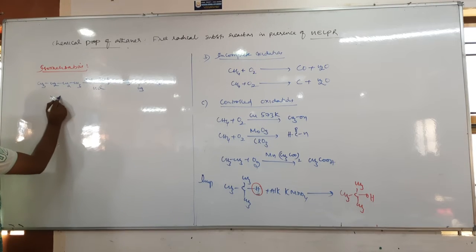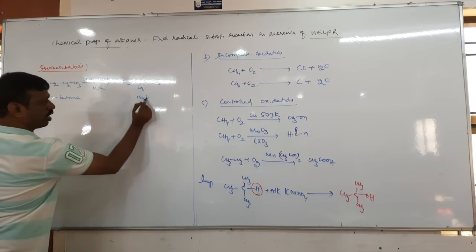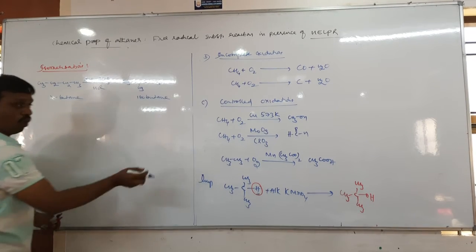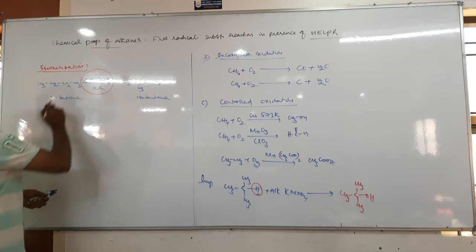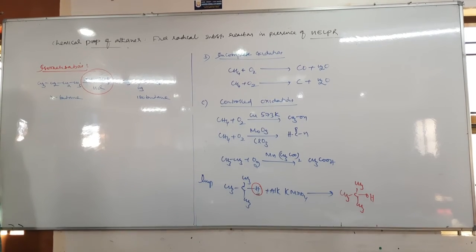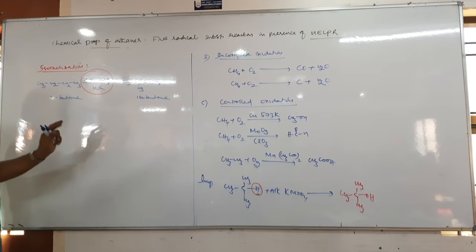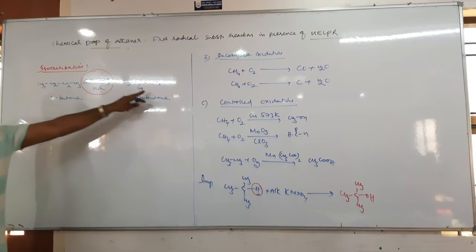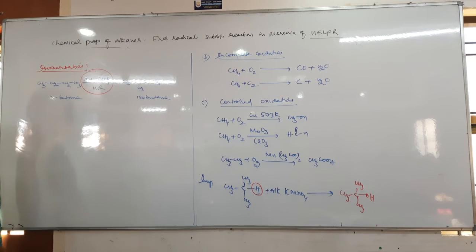This is n-butane, isobutane. So here important is one isomer can convert into another isomer in presence of this reagent. Here reagent is important. They will give the reactant and product, they expect the reagent. They will give the reactant and reagent, expect the product.